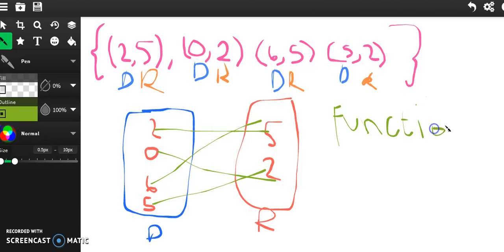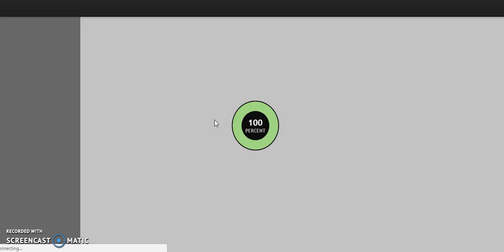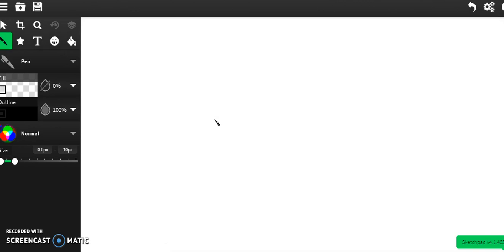Now there are other ways of finding the domain and range values. So, let's look at that. What we could use is the vertical line test.